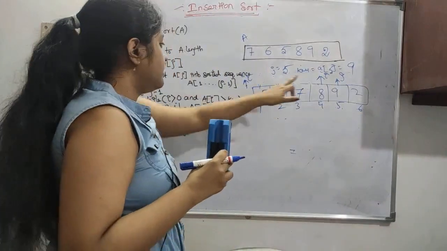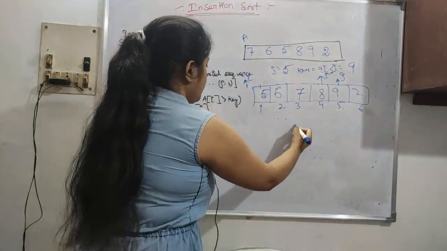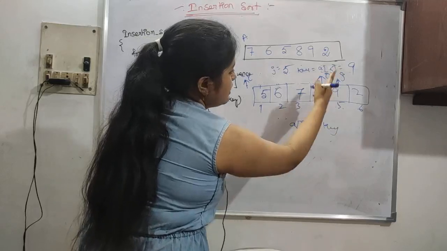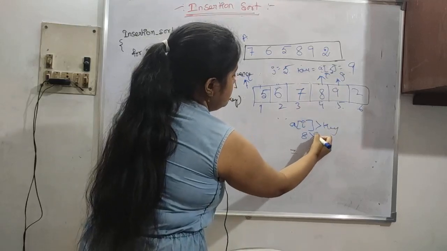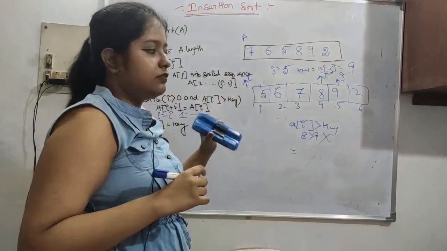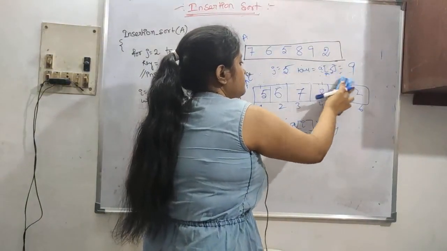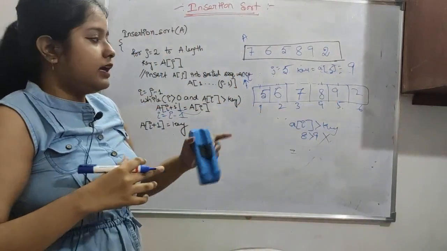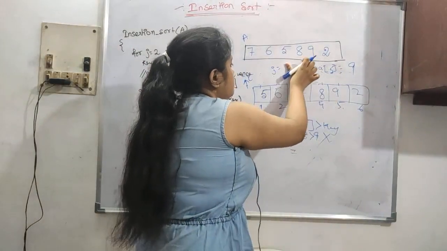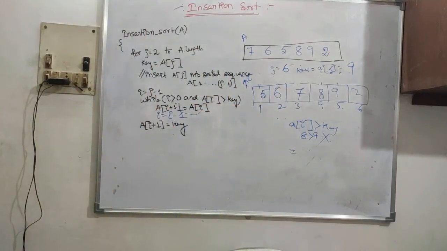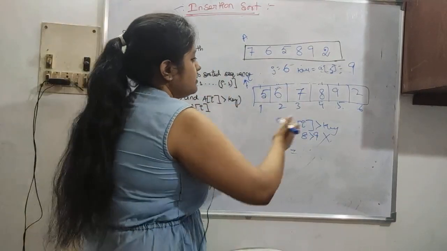I is greater than 0, yes, it's okay, but is A of I greater than key? A of I means what? 8 is greater than key? No. So we don't go inside the loop, we leave it as it is. So sorry, now here it is changing, j is 6.